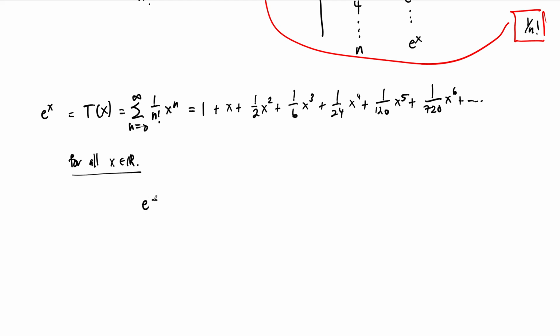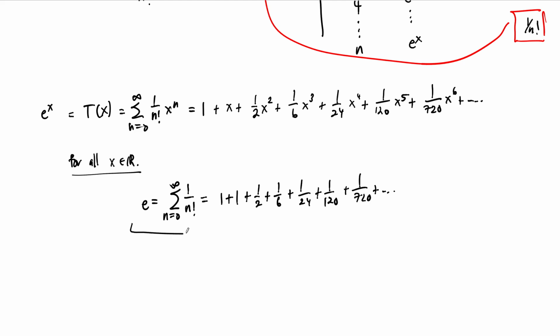And so e is equal to the series, n equals 0 to infinity, the sum of the series, 1 over n factorial, times 1 to the n, right? So this is just 1 plus a half plus a sixth plus 1/24th plus 1/120th plus 1/720th, etc. And so the sum of this infinite series equals the number e.